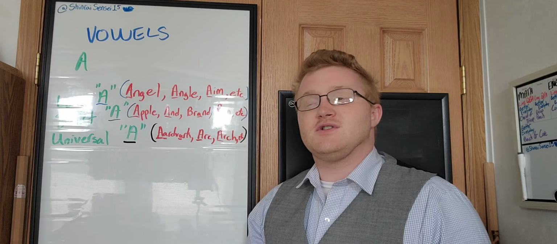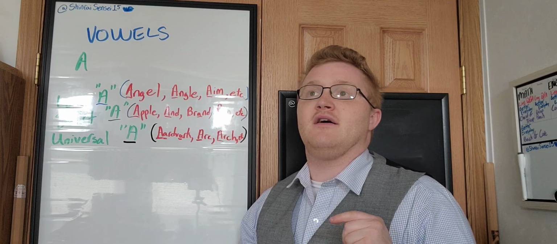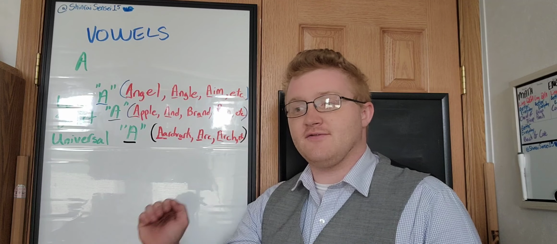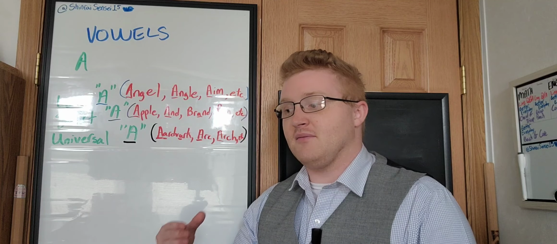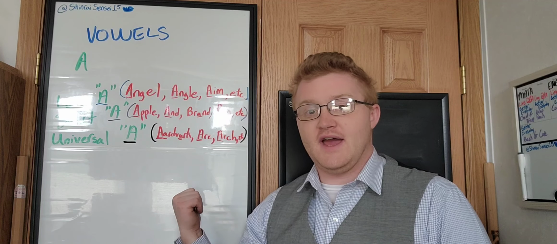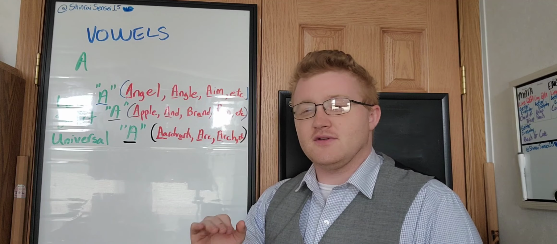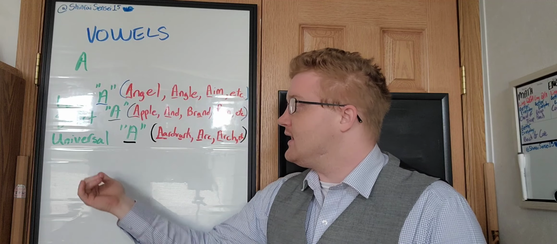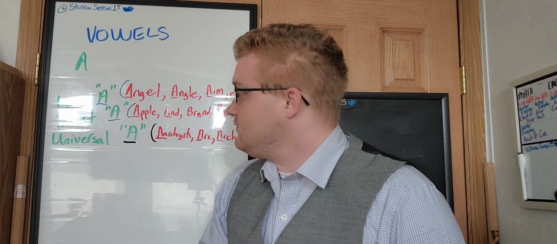So the universal A, a lot of times in the A's that are less clearly defined when you're hearing them, is the universal A. You have the most trouble identifying that universal A when you're hearing the words. So the universal A is difficult to hear when you're spelling because it doesn't sound like the typical A, right?